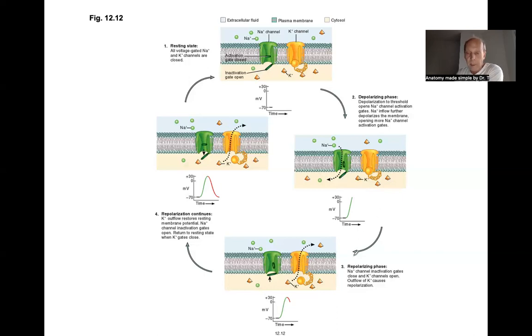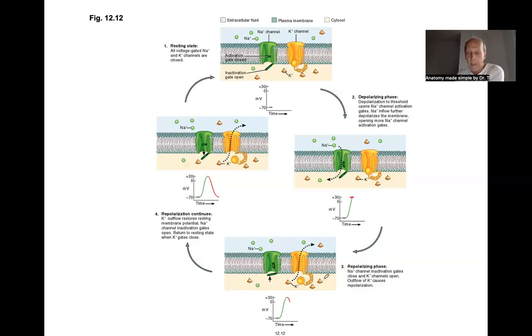So the repolarization: when a cell reaches the peak of its depolarization, around plus 30 millivolts, sodium channels become closed, no more sodium ions keep coming into the cell, but potassium channels are now open, and we're seeing a massive outflow of positively charged potassium ions from inside of the cell into the extracellular compartment.